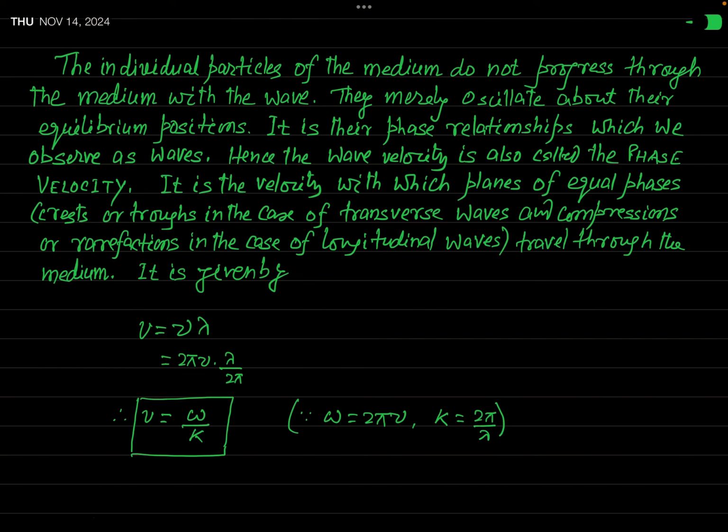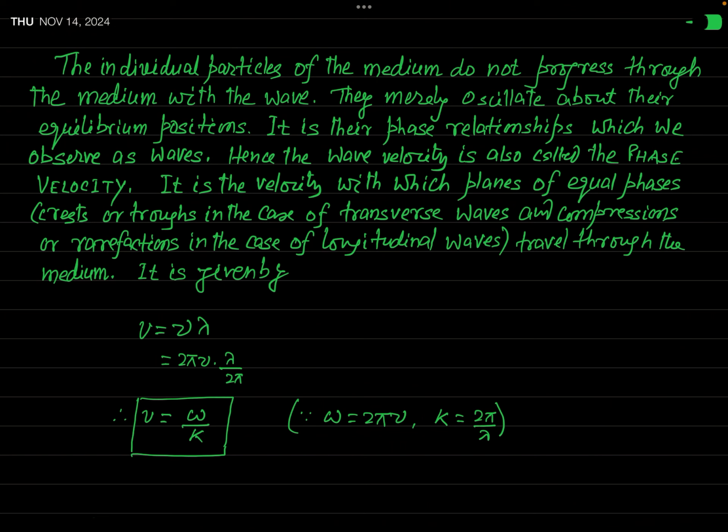In fact, it must be clearly understood that the individual particles which make up the medium do not progress through the medium with the wave. They merely oscillate either in a transverse manner or in a longitudinal manner about their equilibrium position, as I told you earlier. Actually, it is the phase relationships which we observe as waves.